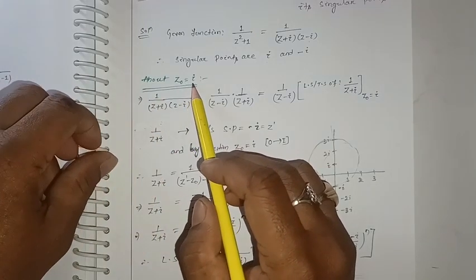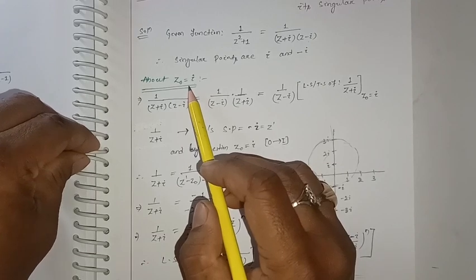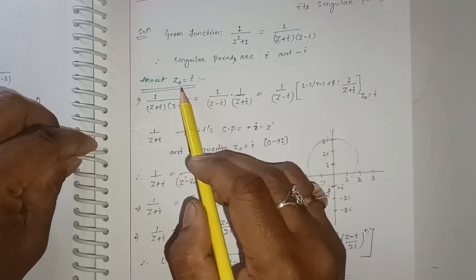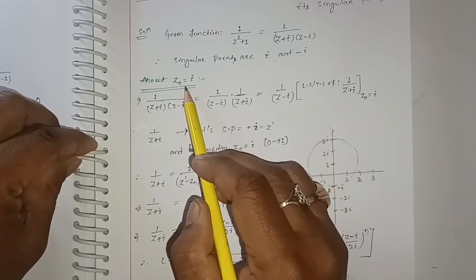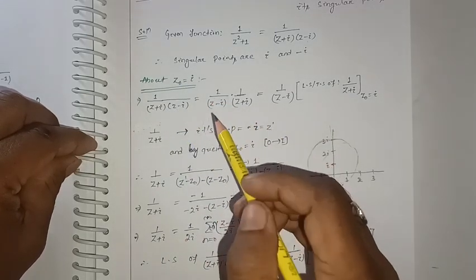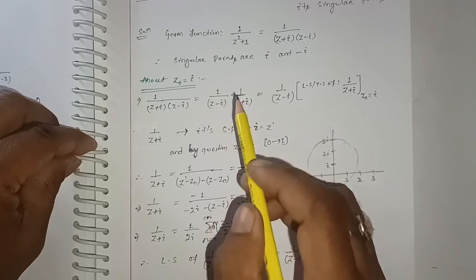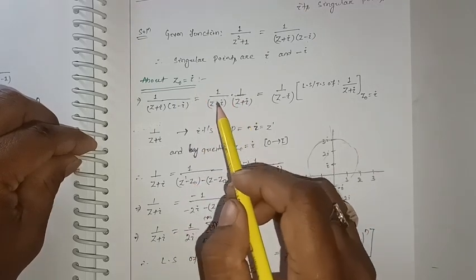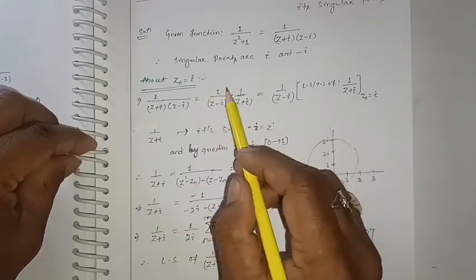Here we have to find out the Laurent series about its singular points. If I consider the first singular point i, about which we have to find the Laurent series, among these two functions, i belongs to whose singular point? This one.